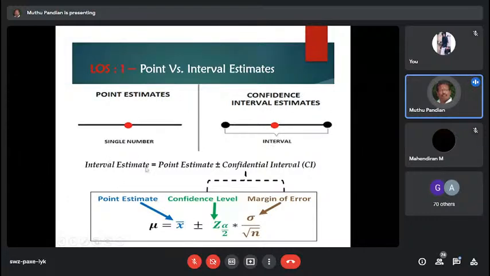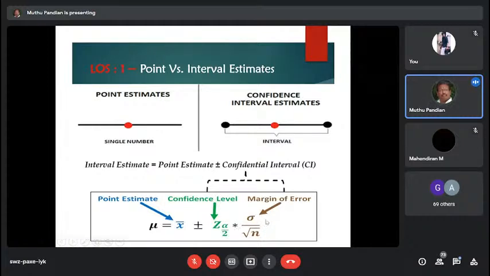So how do we calculate this interval estimate? The point estimate is nothing but the mean or similar. The interval estimate is the point estimate plus or minus the confidence interval. The confidence interval is calculated by the confidence level multiplied by the margin of error.